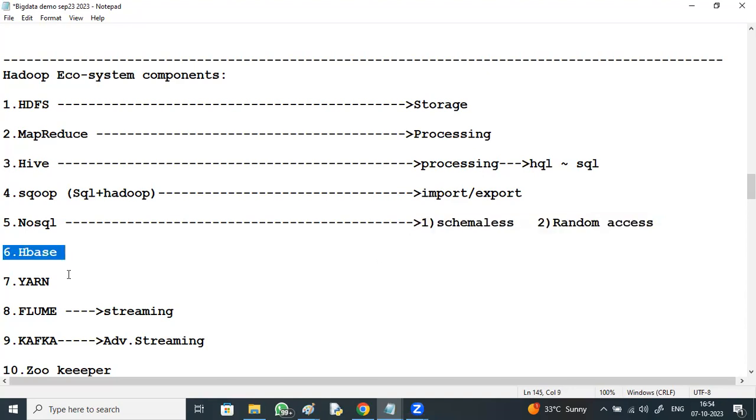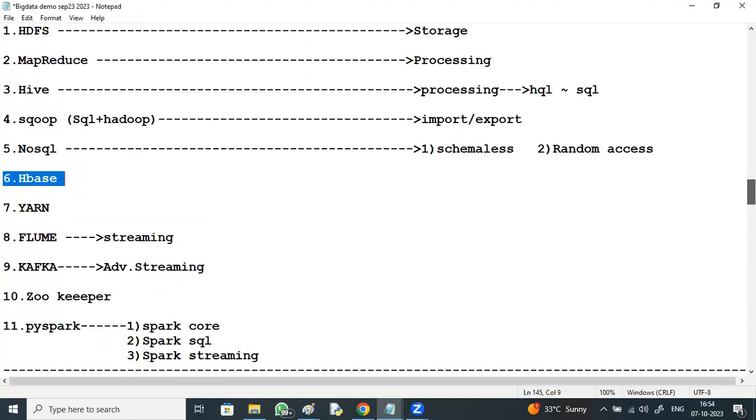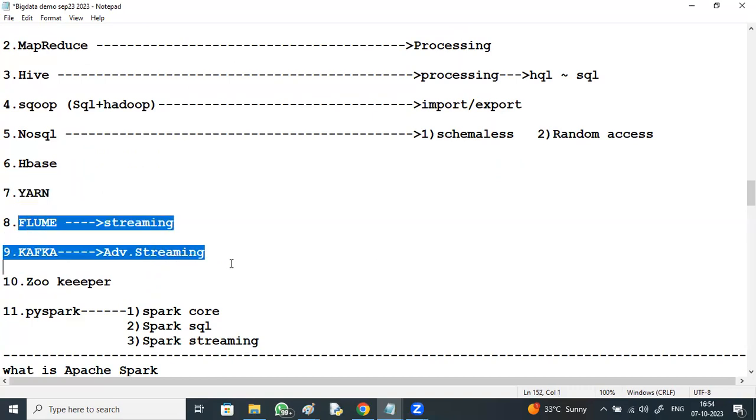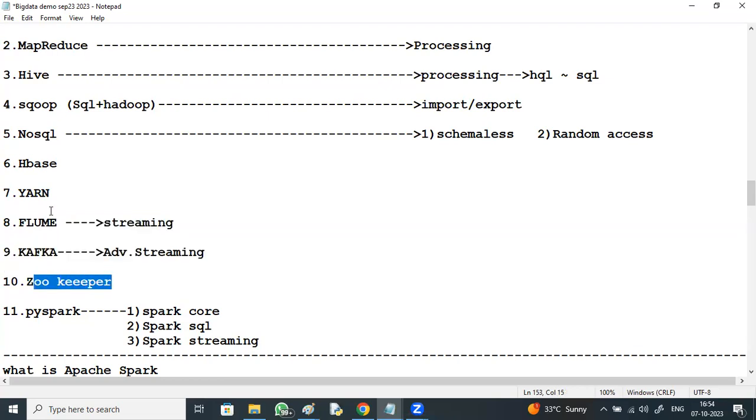HBase is one of the NoSQL databases. YARN, yet another resource negotiator. Two streaming components I'm going to discuss, Flume and Kafka, and Zookeeper controls and coordinates all the other components, and PySpark in brief: PySpark core programming, PySpark SQL and PySpark streaming.